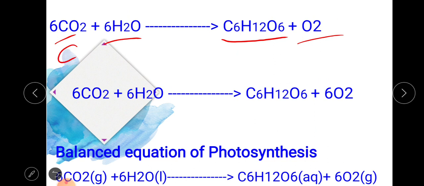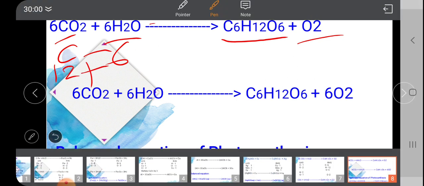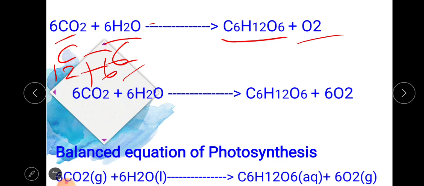How many carbons are there in the reactant? 6. How many oxygens? 2 times 6 is 12, plus here 6, so 18 oxygen atoms. And hydrogen atoms? 2 times 6 is 12 hydrogens.